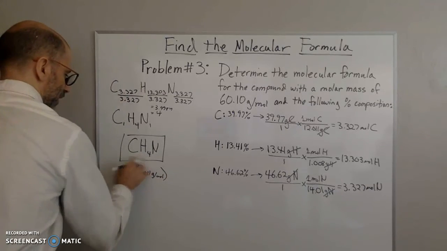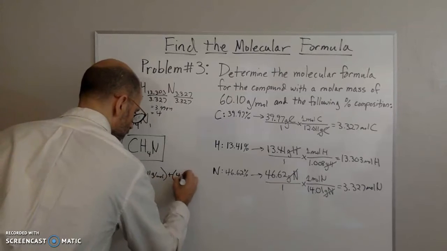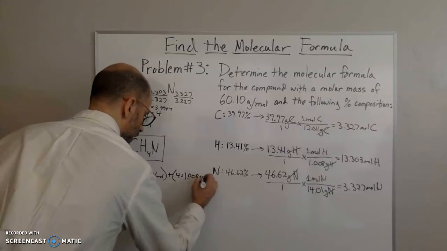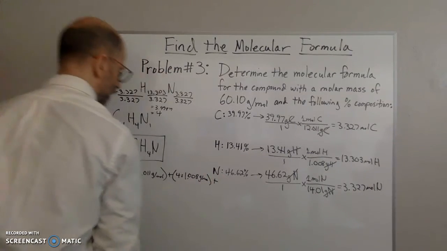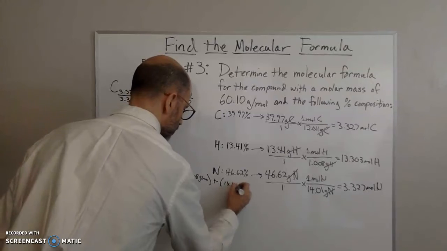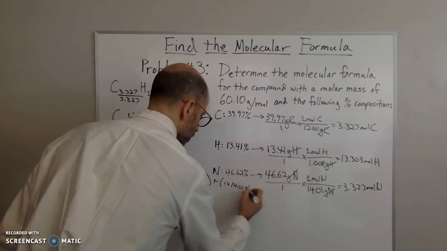We have to add in the 4 hydrogens, so 4 times 1.008 grams per mole. And then we need to add in the nitrogen, so that's 1 times 14.01 grams per mole.